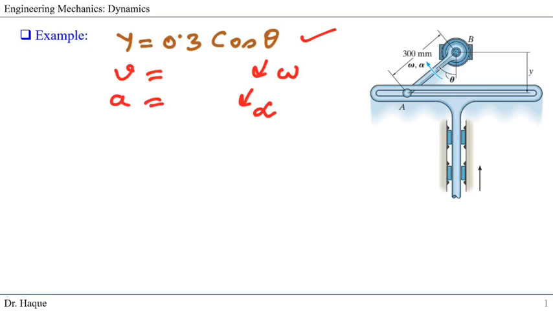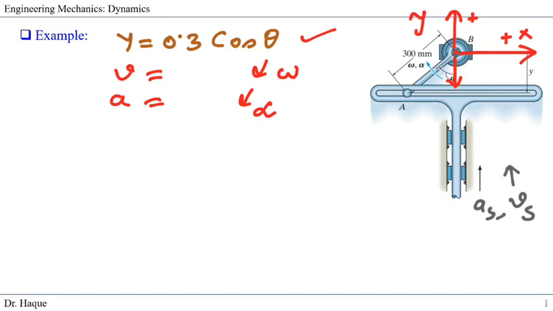But we need to also be careful about the sign. So if we take this point as our origin, this would be our x-axis and this would be our y-axis. And if we take this one as the positive y direction, this would be our negative y direction.